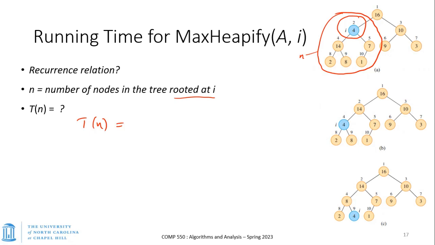So what are we doing? Essentially we're doing a swap operation, and once we've done a swap operation, we have now found a smaller problem. So how would you express that in the recurrence relation? Yes? Okay. Does that look right?